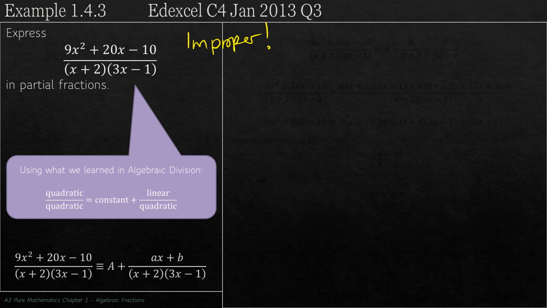So using that, we can turn our improper fraction into a constant term plus a proper fraction. We don't know what the numerator is going to be yet, so I've just called it lowercase a x plus lowercase b. I've used lowercase a and b because in my solution I want to use capital A and capital B like I've done in all my previous ones.